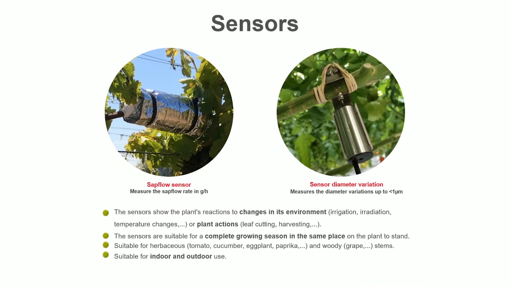We have micro sensors in development for crops such as strawberry or flowers, which have really fine stems, because the stem diameter sensor is a bit heavy. So if you would install it on a very small stem, it could break. The same with the sap flow sensor, as it needs to be well insulated. It takes up some space.